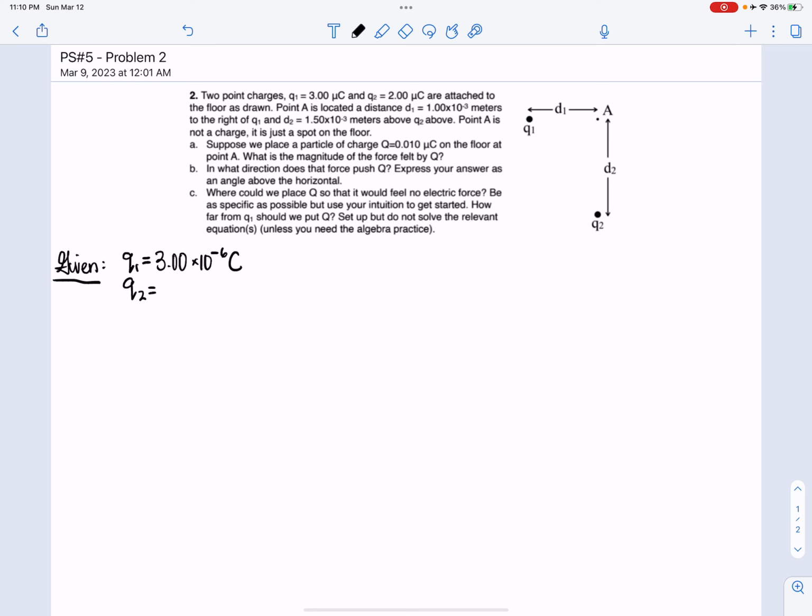Q2 is equal to 2 times 10 to the minus 6 coulombs. D1 is equal to 1 times 10 to the minus 3 meters. D2 is equal to 1.5 times 10 to the minus 3 meters.